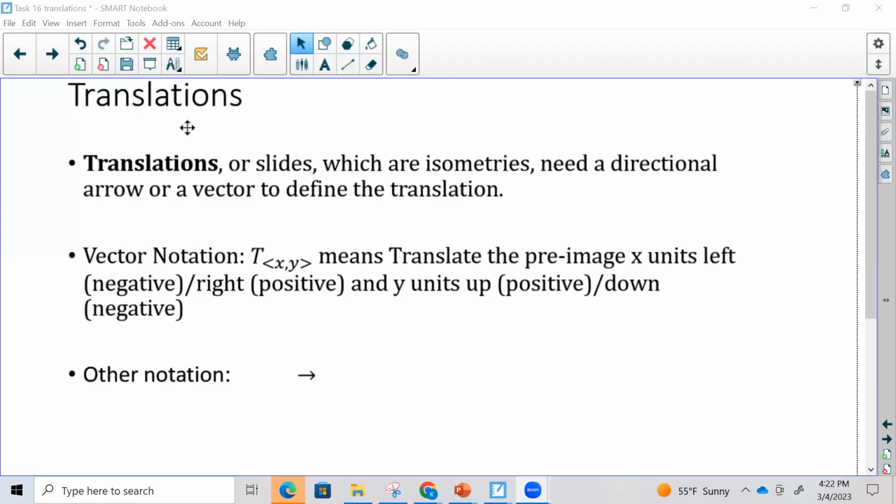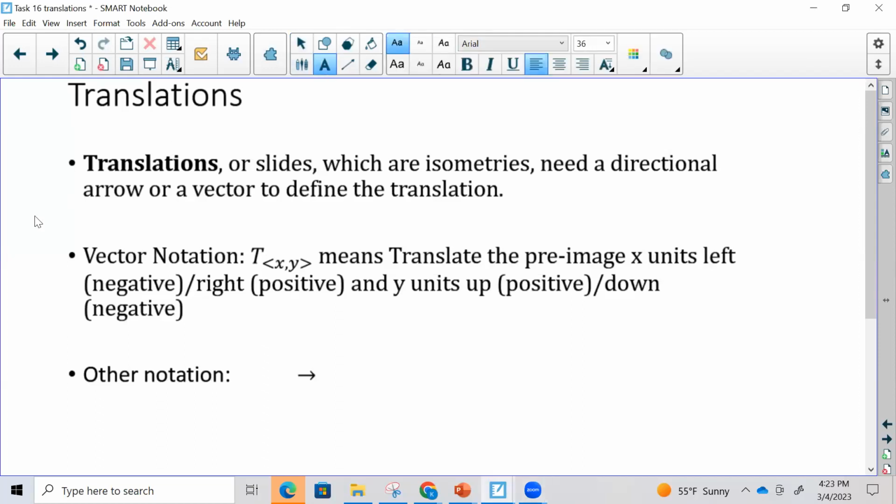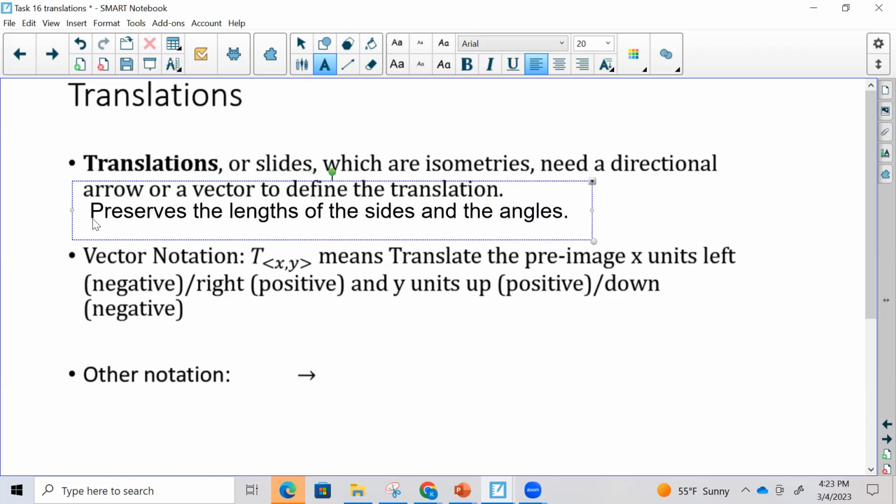So with an isometry, we say that a translation preserves the length of the segments, the sides, and the angles, which means they don't change. They're going to be the same in the image and the pre-image.